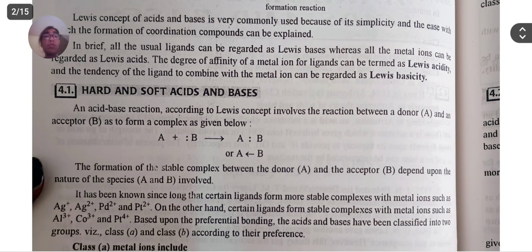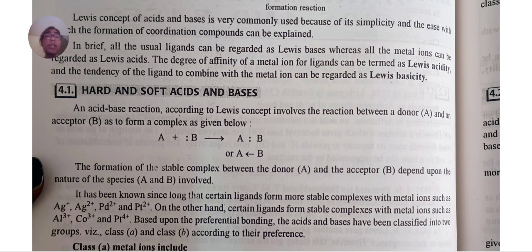Hard and soft acids and bases. An acid-base reaction, according to the Lewis concept, involves the reaction between donor A and acceptor B to form the complex AB. The formation of the stable complex between the donor and acceptor depends upon the nature of the species. It has been known since long that certain ligands form more stable complexes with metal ions such as Ag+, Hg2+, Pd2+, Pt2+.